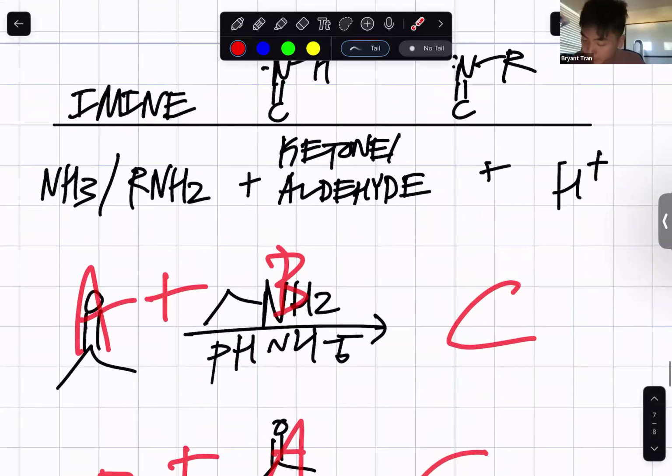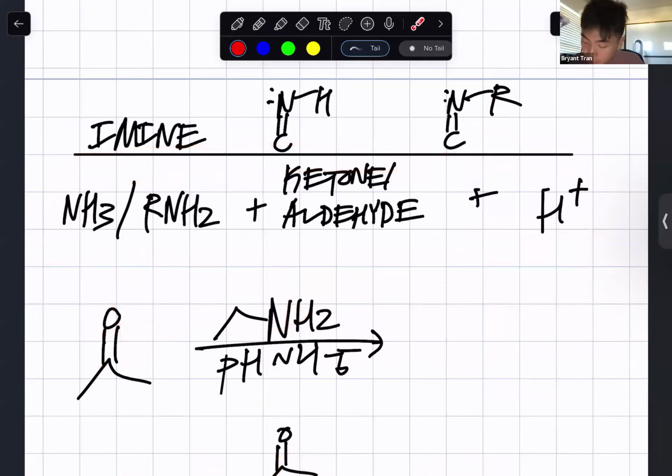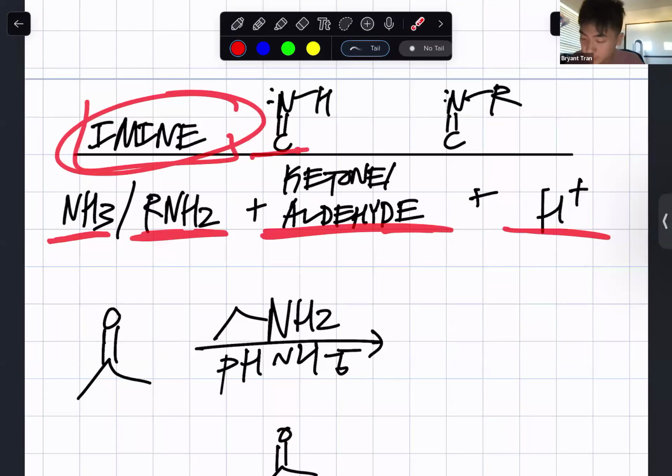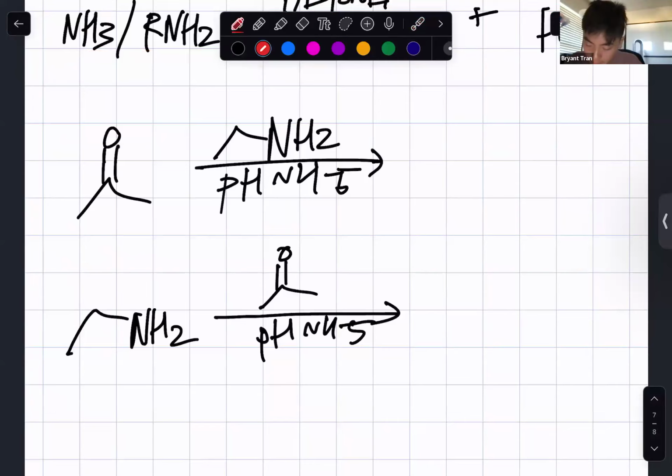These would be the ingredients for this imine formation here. You would have ammonia or a primary amine reacting with a ketone or aldehyde in acidic conditions. That would give you an imine, which is a carbon double bond nitrogen, like that. Now to predict the product quickly here, this carbonyl carbon would be in red. That's going to be the imine carbon.